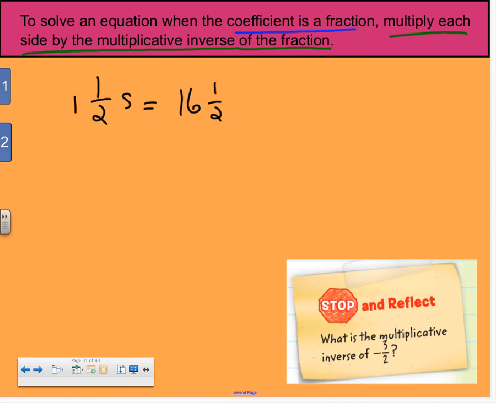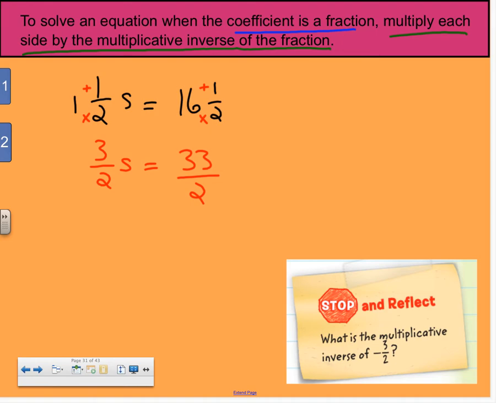And if you recall, the way to do that is, if it helps, you can do a little multiplication sign there, addition sign there, and we do 2 times 1 is what? 2 plus 1 is 3, and so this is going to be 3 over 2 times S, or 3 halves S. Over here, 2 times 16 and plus 1. So I've got 33 over 2.